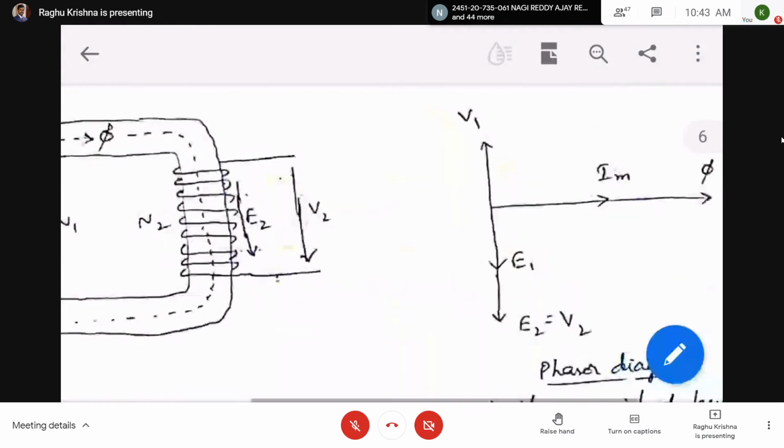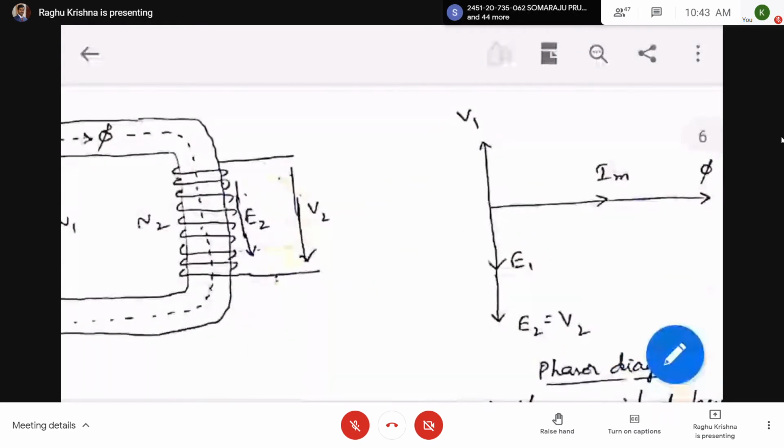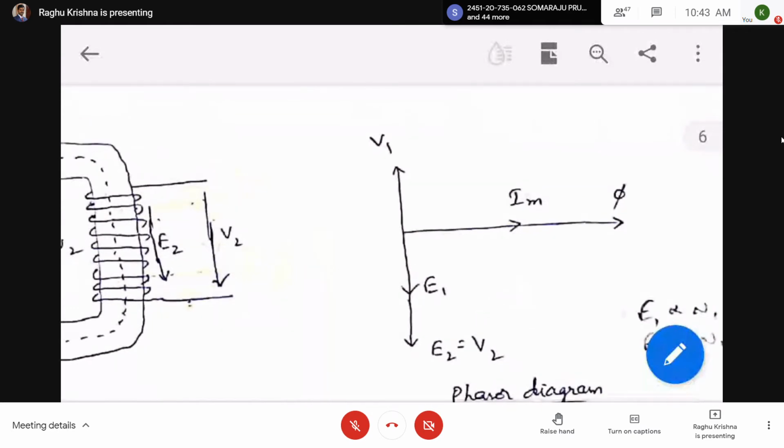Now if you see the phasor diagram, here I have taken phi as the reference. Phi occurs due to Im, so Im and phi both will be in phase.